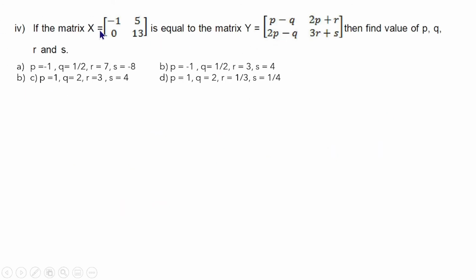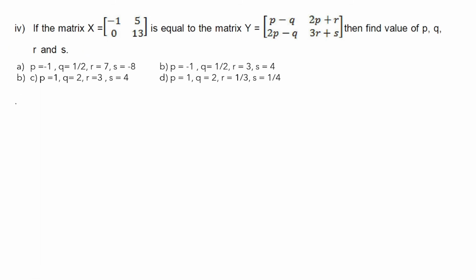Next question: if the matrix X is equal to [-1 5; 0 13] and matrix Y is equal to this matrix, then find the value of P, Q, R and S. So when we have two matrices equal, then each element of X is equal to the corresponding element of Y. So we can compare these two matrices and find the values.